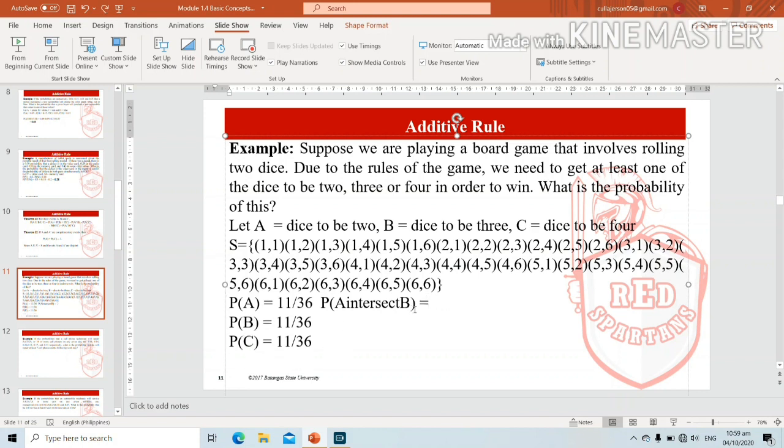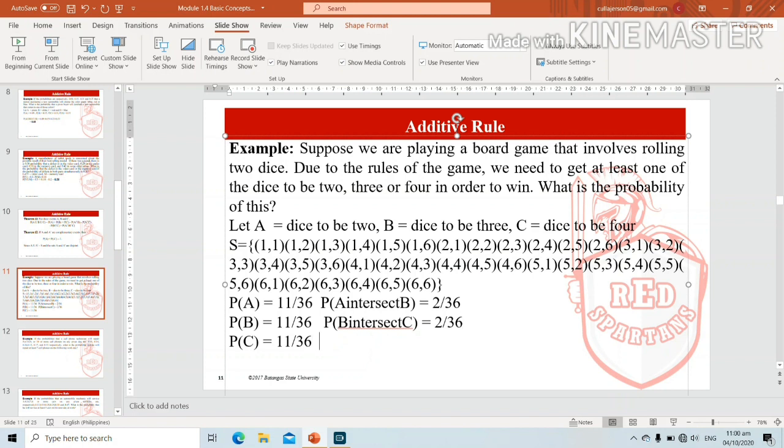Then, kunin naman natin yung probability ng B intersect kay C. 3 and 4, and 4 and 3. So, 2 over 36 din.